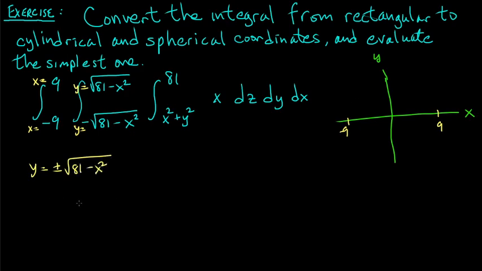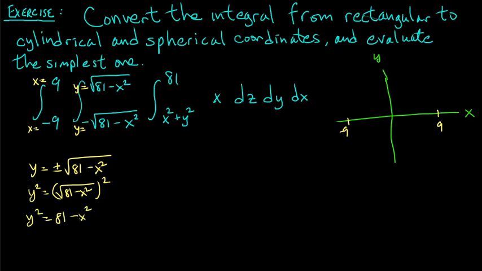And I'm hoping that looks familiar to you. If it doesn't, let's do the following. Let's just square both sides. And then, of course, plus or negative doesn't matter. When you square the square root, it's the inverse of taking the square root, you just get y squared equals 81 minus x squared.